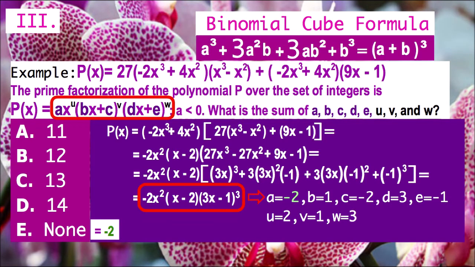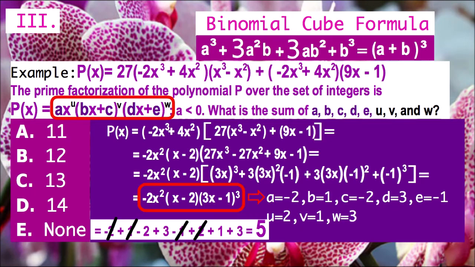So summing all of those up, some quick maths allows us to eliminate the 2's, eliminate the 1's, and with the remaining terms left, they sum to 5, which means our answer is E, none of the above.